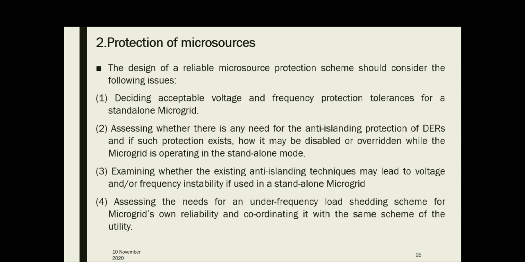Whenever islanding occurs, if there is any contingency, fault or disturbance, the microgrid will be disconnected from the main grid, but the microgrid will restore its operation in standalone mode.